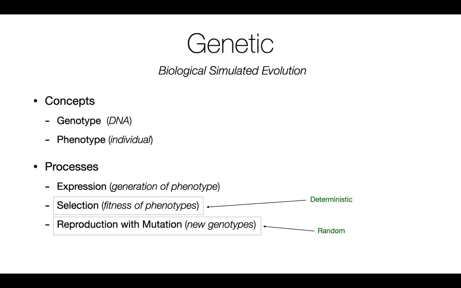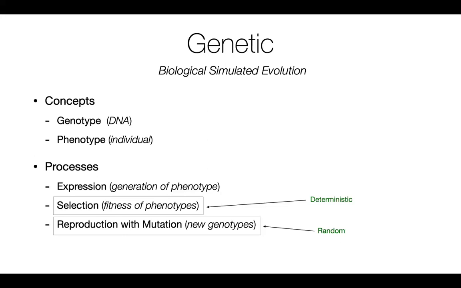And the genetic process incorporates these three elements. The generation of the genotype, which will be the expression of what we want to generate. Then the simulation is going to have two components, a deterministic component and random components. We have a selection that will be the fitness of the phenotypes, and we are going to select between different phenotypes.